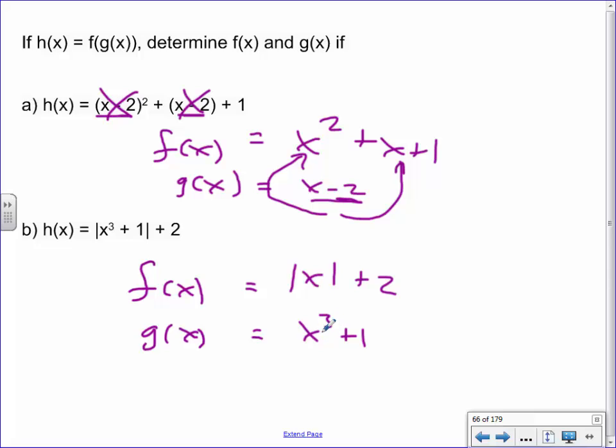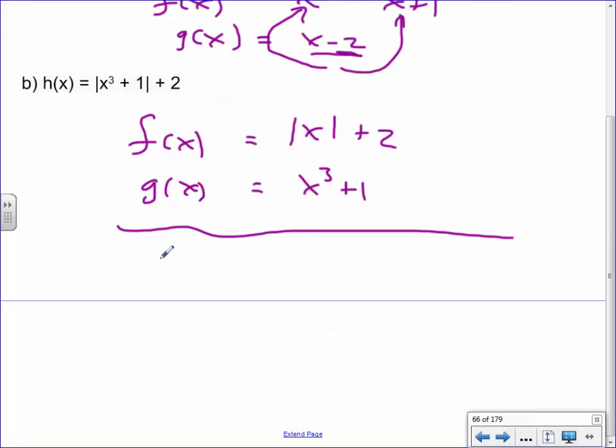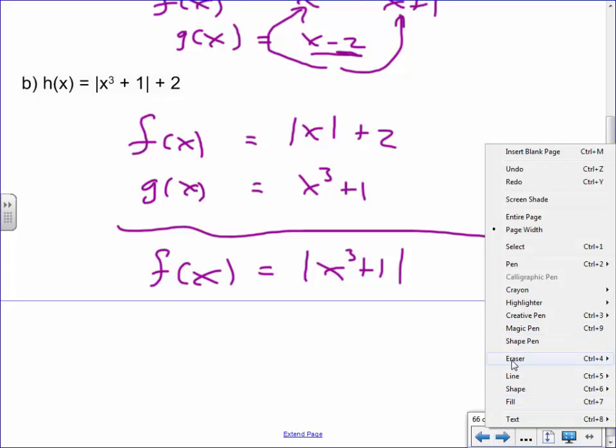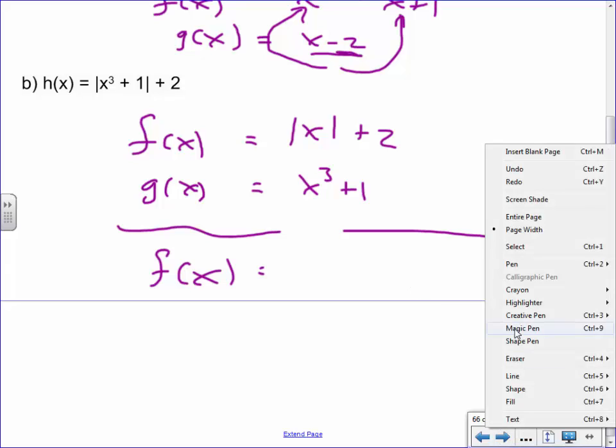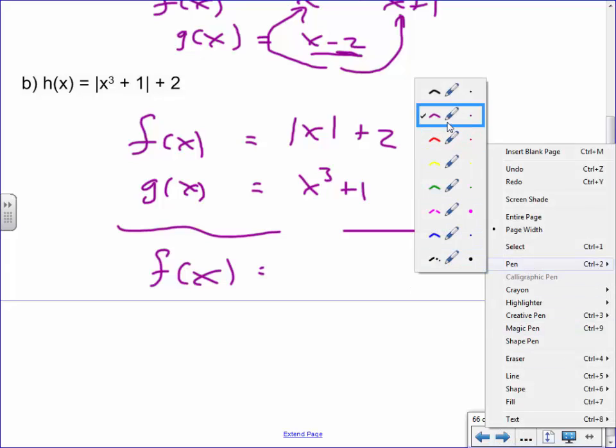That'll work. There is more than one answer, yeah. On this one, an alternate answer would be that one of them was, let's see, the absolute value of x cubed plus 1. No, that's not going to do it. I get what you're saying. There's another way you can do this, though. I think I just need to write them backwards.